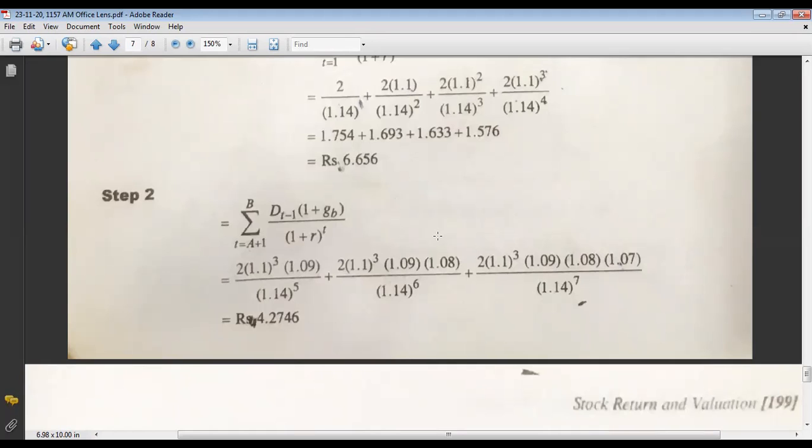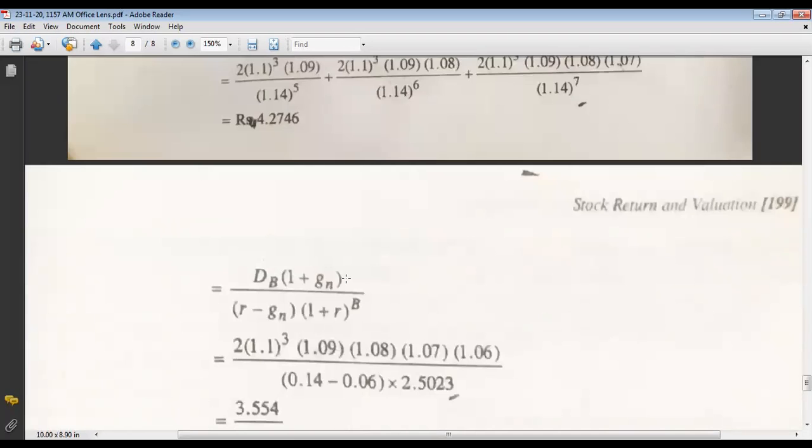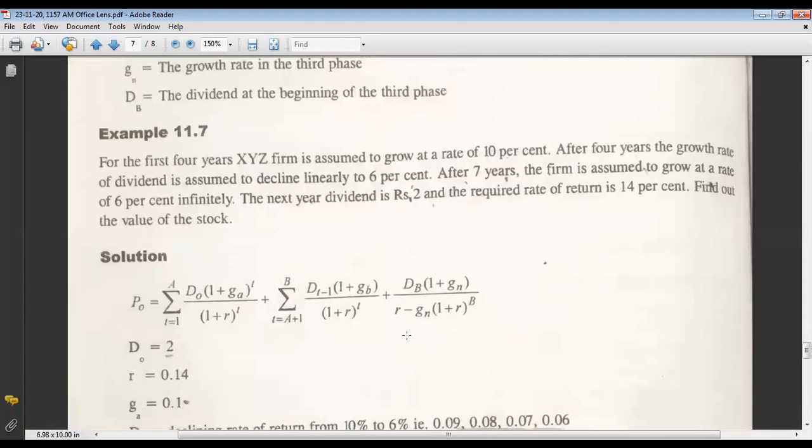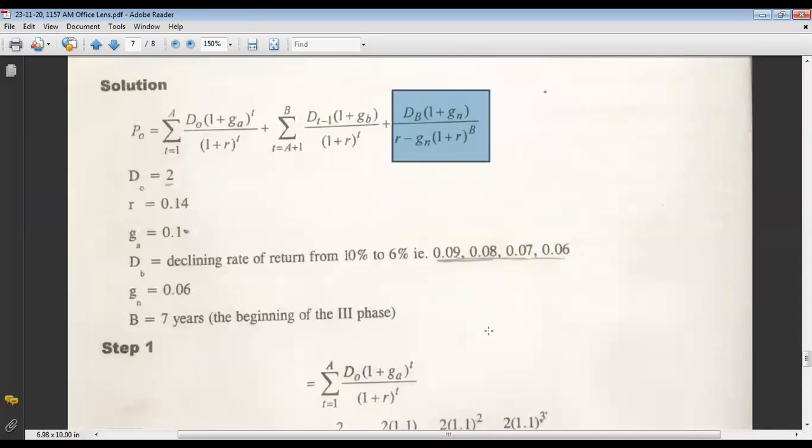Sir, got the answer. What is it? 4.27? Yes, sir, 4.2747. Now we'll go to the last stage, that is stage number 3. I will note down the formula as it is. This is the formula for stage 3.